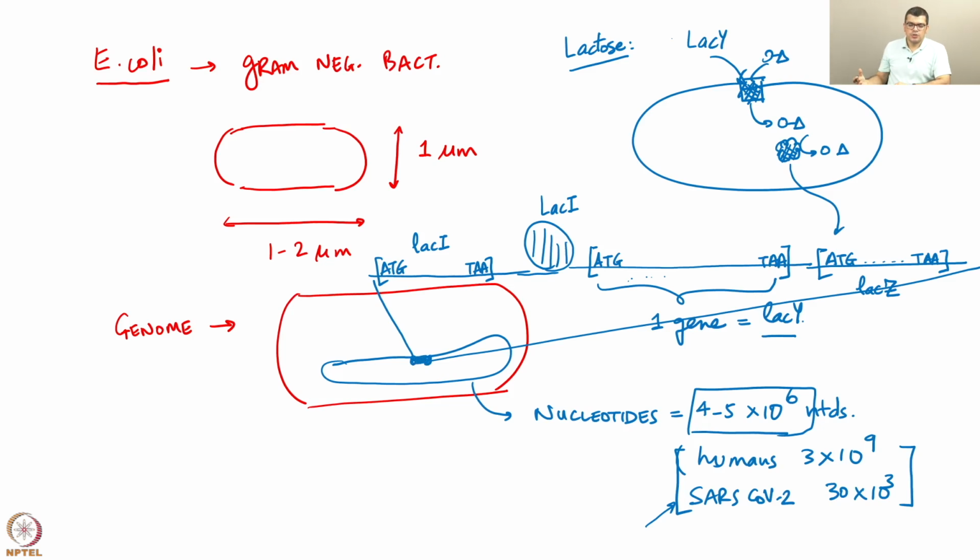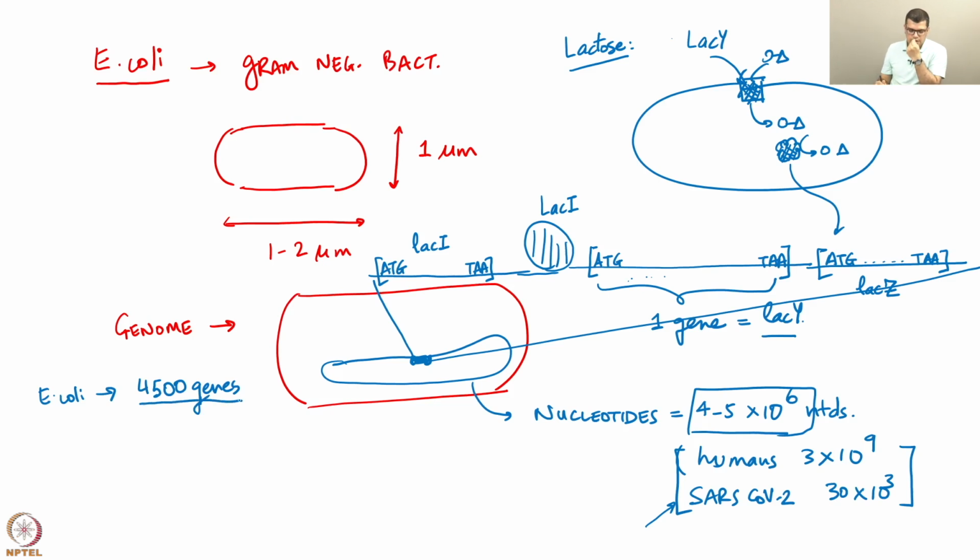If I were to ask you how many genes E. coli's genome has, it is really difficult to answer if we do not already know the answer, but E. coli's genome has somewhere around 4,500 genes, of which we have just listed 3 which help the organism utilize lactose for growth and energy purposes.